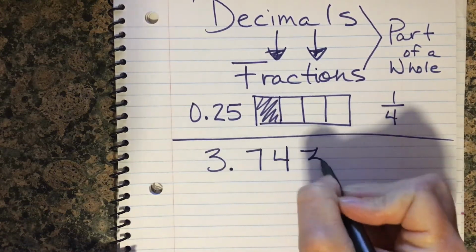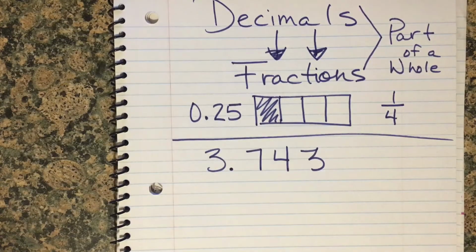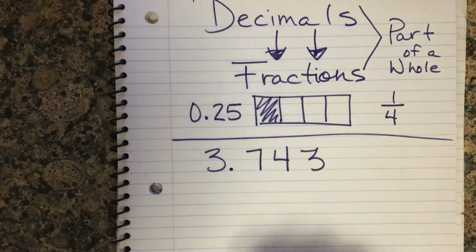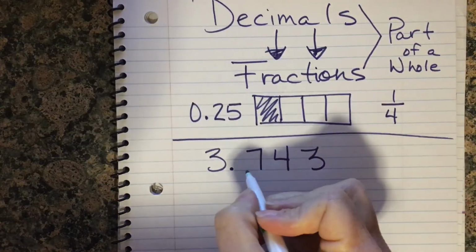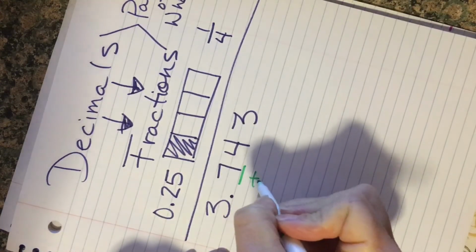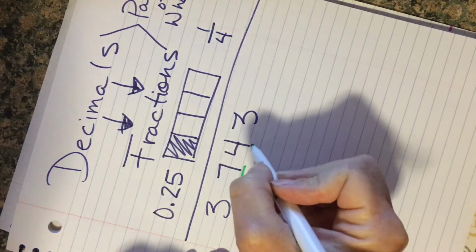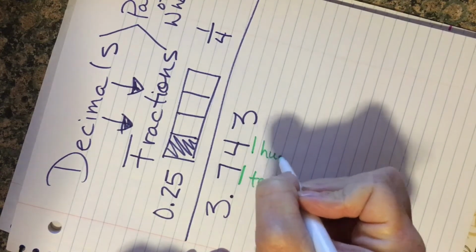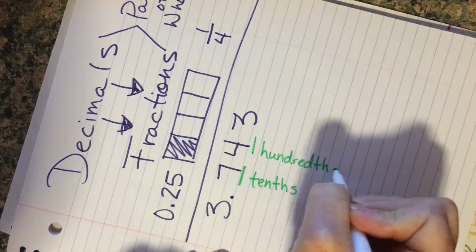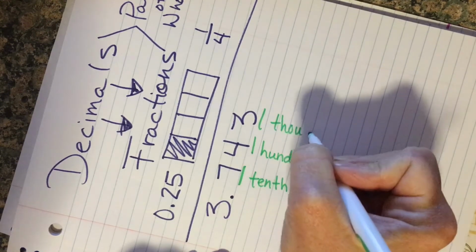So if you see a number like this, you're going to notice there's 3 decimal place value spots after the decimal. So the first one here are tenths, and then hundredths, and this is the thousandths.